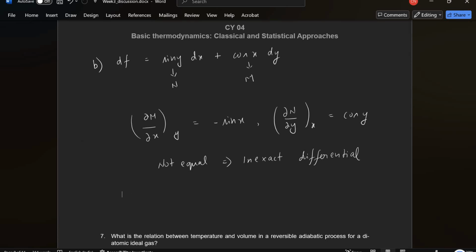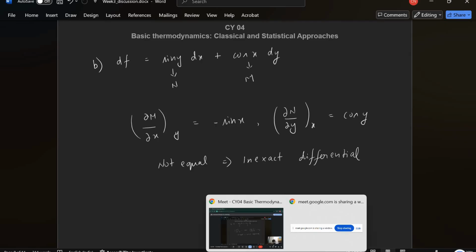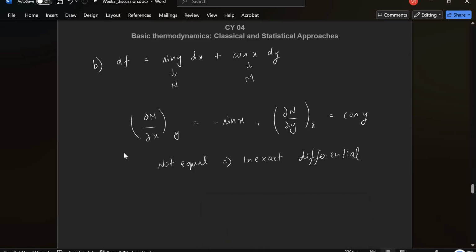All right, now let me create some more space and we can do the last problem. Till now we have had only inexact differentials, and I hope we get one exact differential.